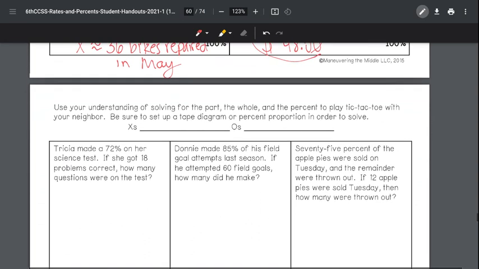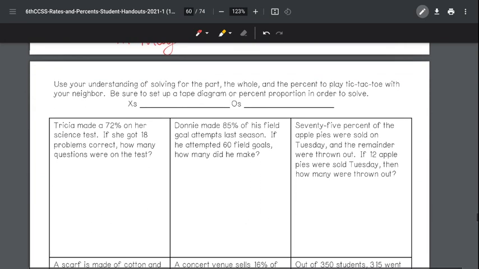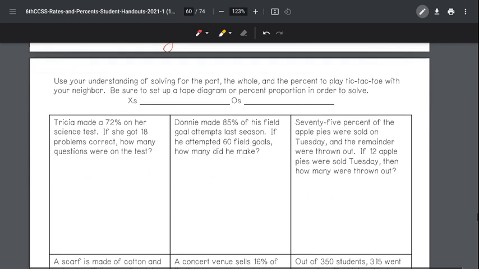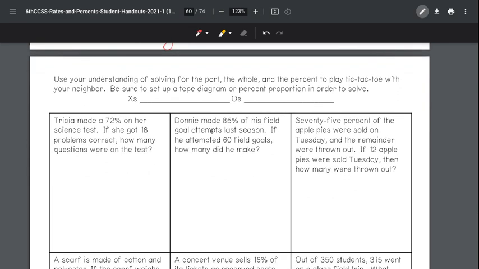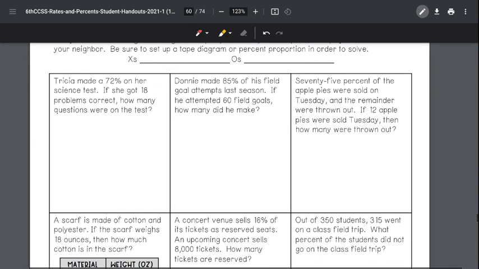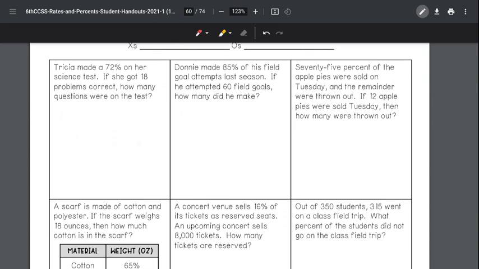All right. On the back of your notes, you're going to see understanding parts, wholes, and percents. We're supposed to play tic-tac-toe, but I'm really just going to solve each of these problems and get the answers for you for good practice. Trisha made a 72% on her science test. If she got 18 problems correct, how many questions were on the test?